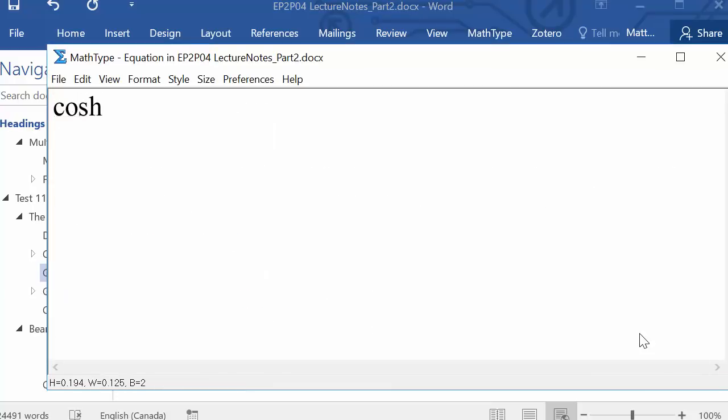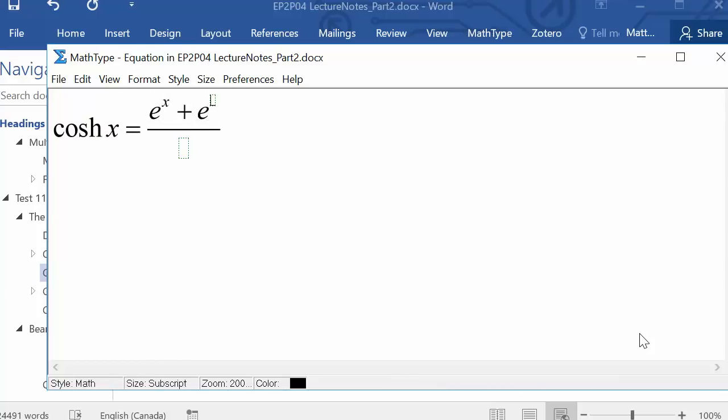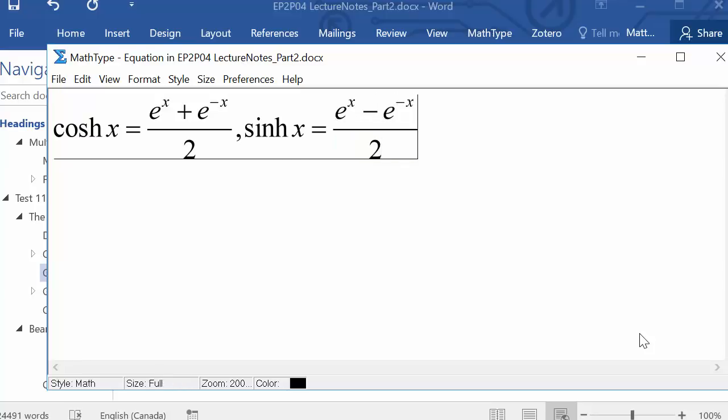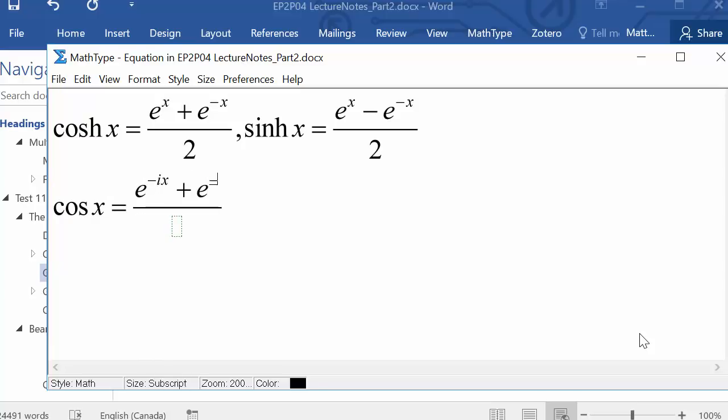So cosh of x is equal to e to the x plus e to the negative x over 2. Sinh of x is equal to e to the x minus e to the negative x over 2. Cos of x is equal to e to the ix plus e to the negative ix over 2, and sine of x is equal to e to the ix minus e to the negative ix over 2i.